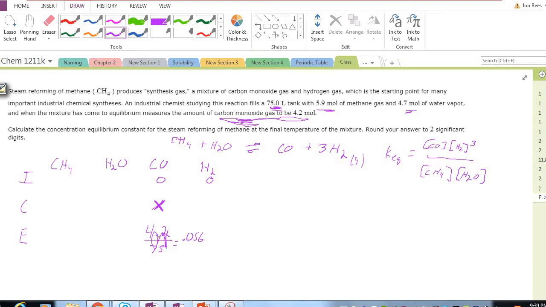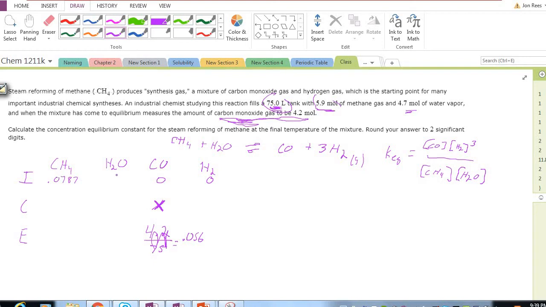But my ice table can help me establish some of these relationships. The initial of CH4, the methane, is going to be the moles of methane divided by the volume, because I need to get that in concentration, right? And when I do that, I get 0.0787.